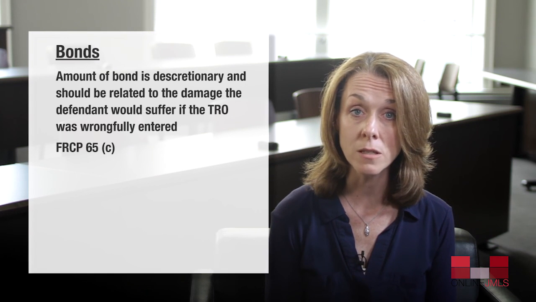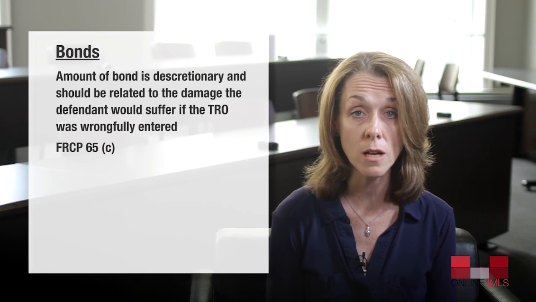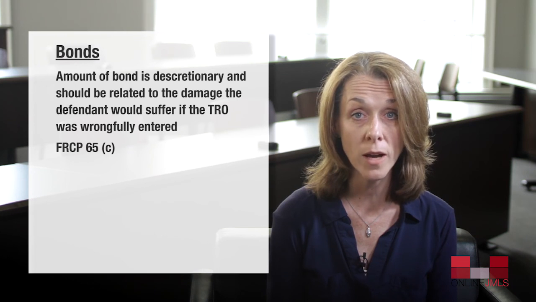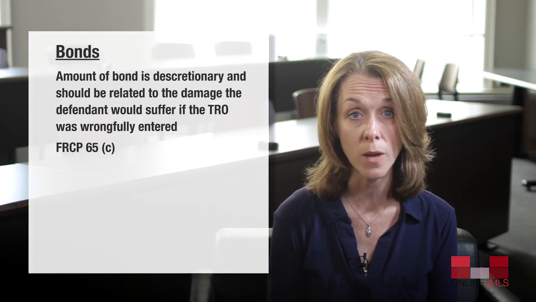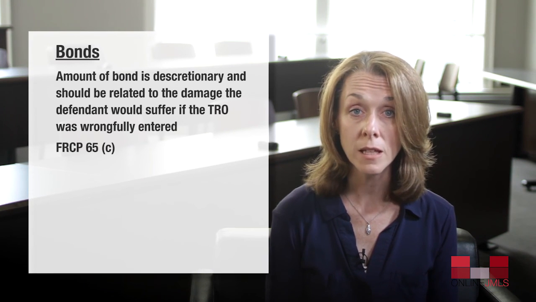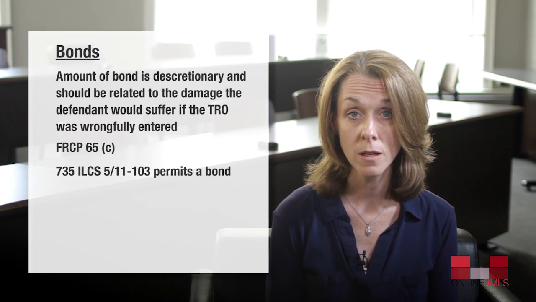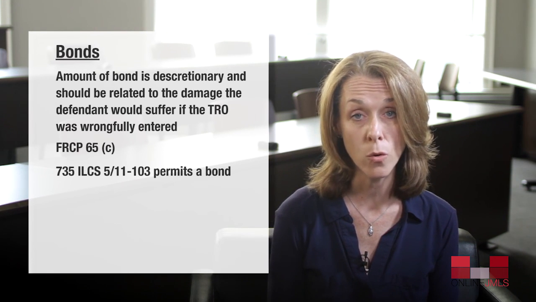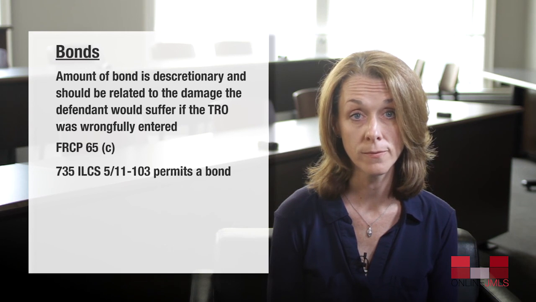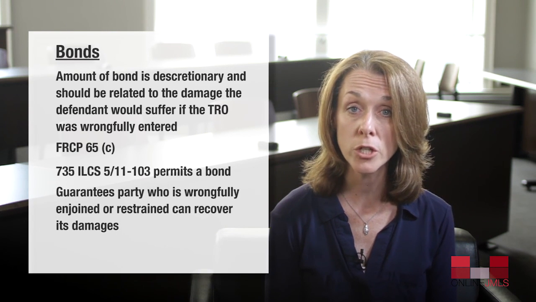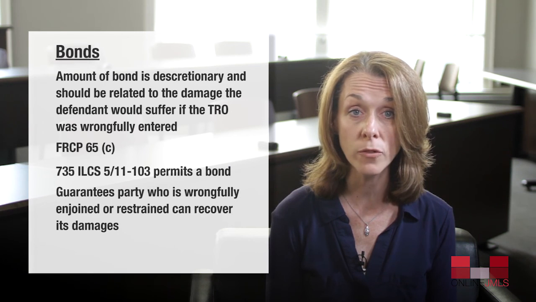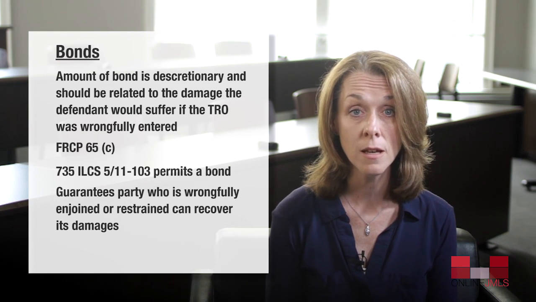Posting a bond means the movant has to give the court a sum of money that will be held by the court until resolution of the matter. The Illinois Code of Civil Procedure has a similar bond requirement, but it is imposed only at the court's discretion. If a court later determines that the defendant was wrongfully enjoined or restrained, the defendant may recover costs and damages through the bond.